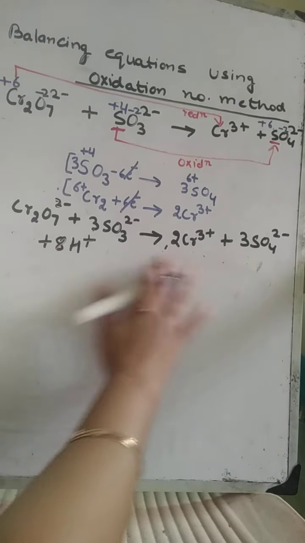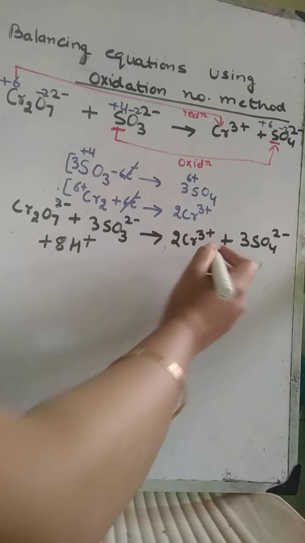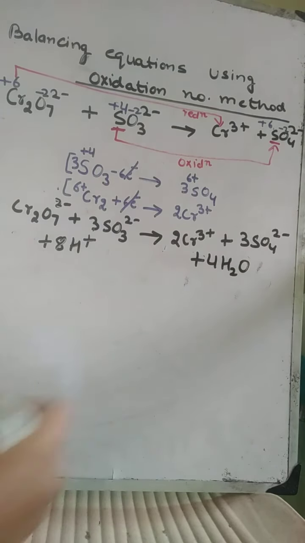only hydrogens I need to balance. So if I am adding 8 H positive on this side, I am supposed to add 4 water, half the number of H positive, on this side.